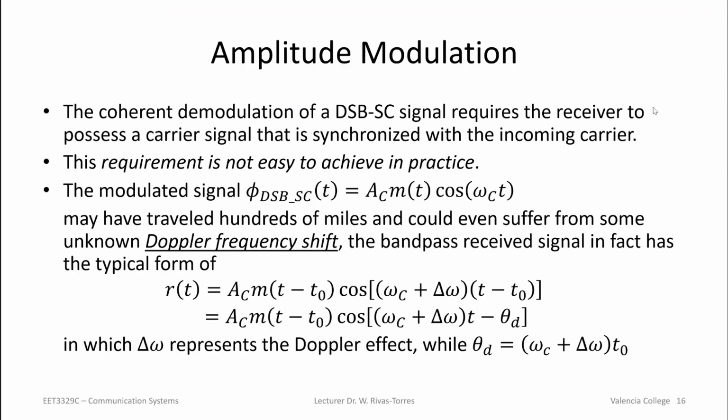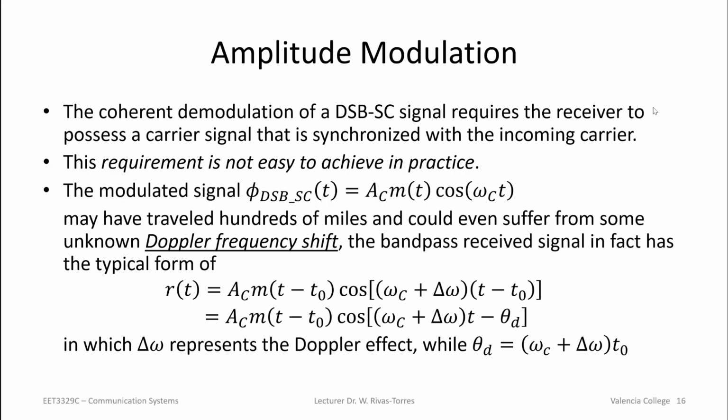All right, so we were just talking about double sideband suppressed carrier, and we already mentioned that it requires coherent demodulation. So at the receiver, you need to again have a local copy of the carrier, and it has to be coherent, in synchronization with the carrier of the modulated signal.